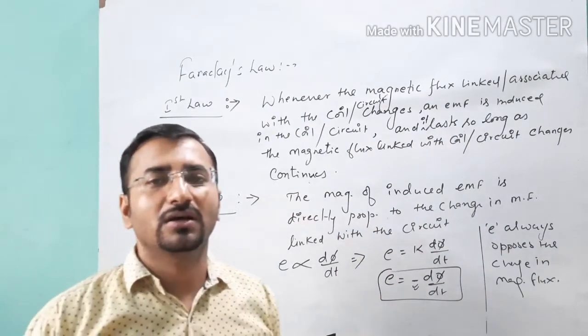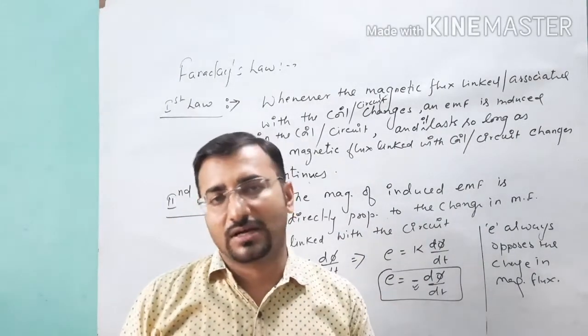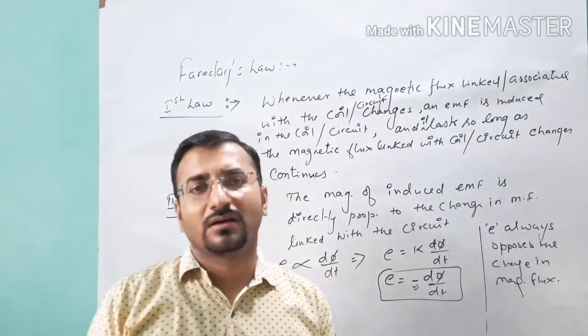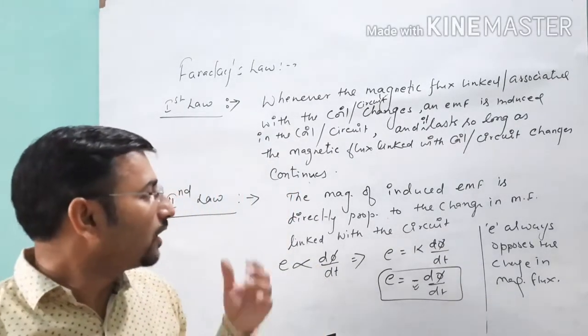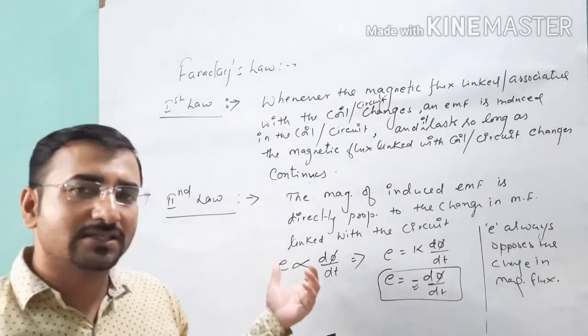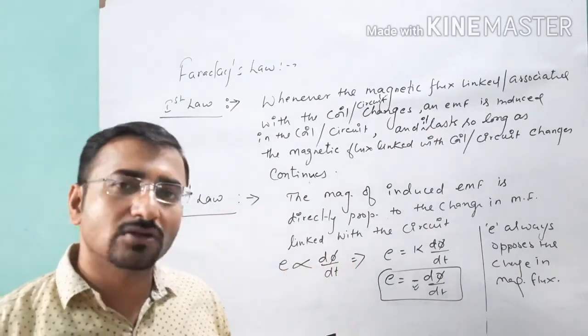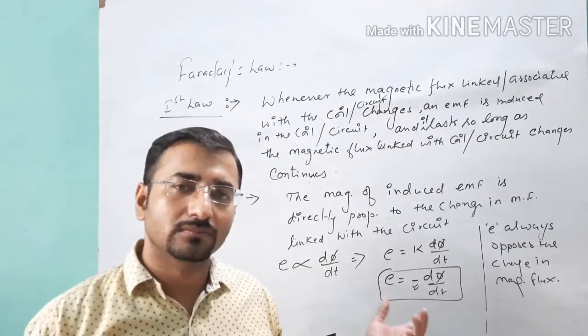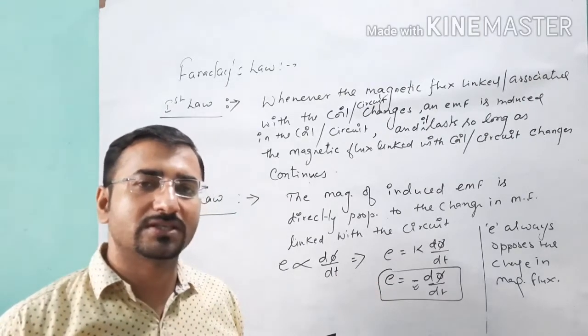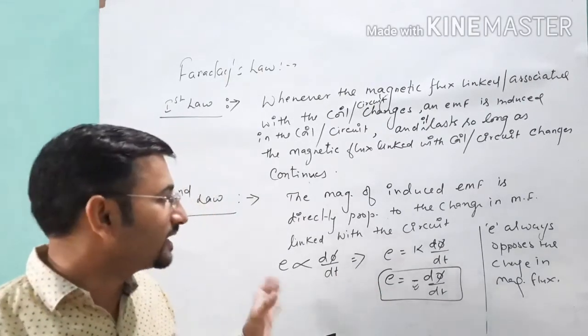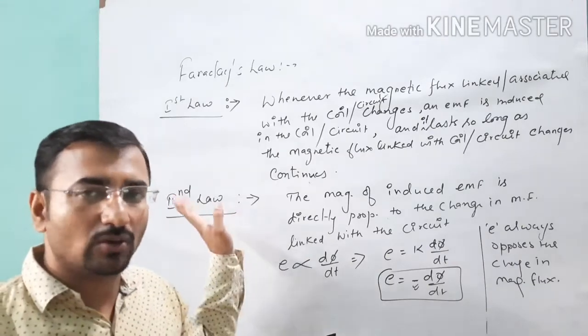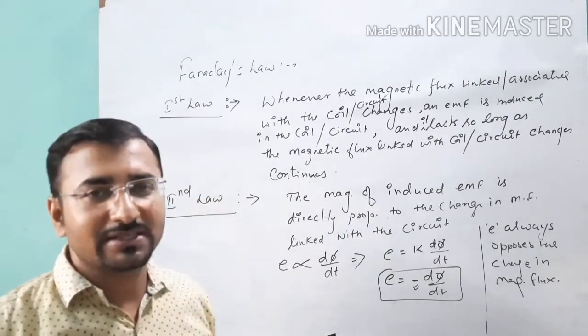This current is called induced current. But the major thing is how we will see the direction of electric current in the given coil, which is our secondary coil. That direction is given by Lenz law, as I told you in my previous lecture.